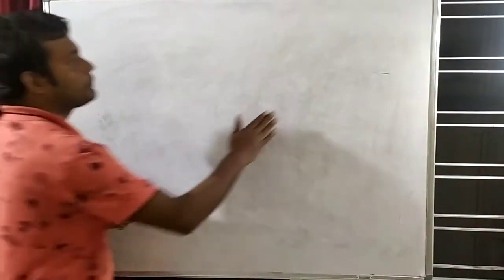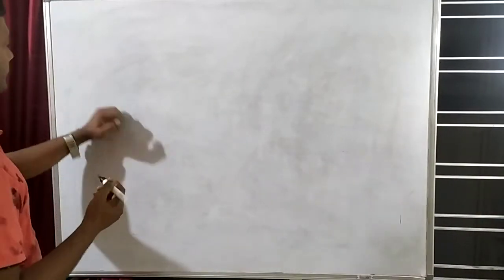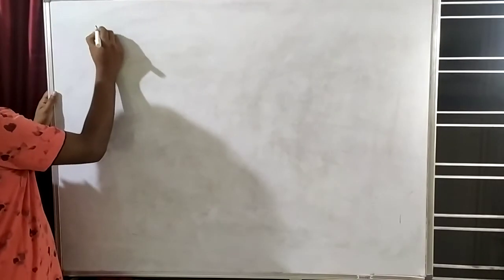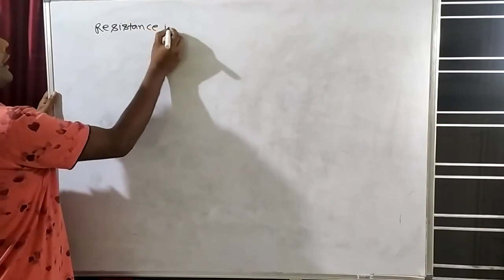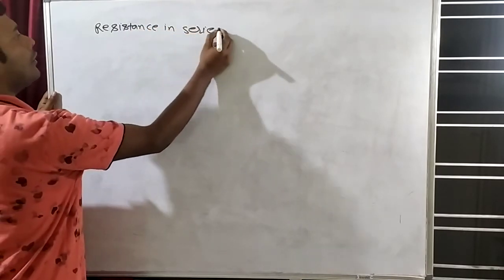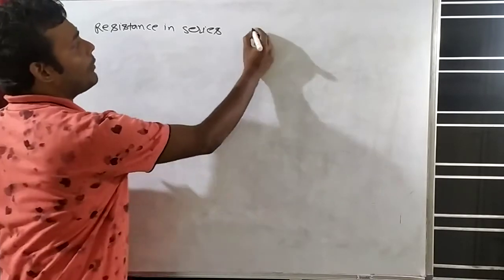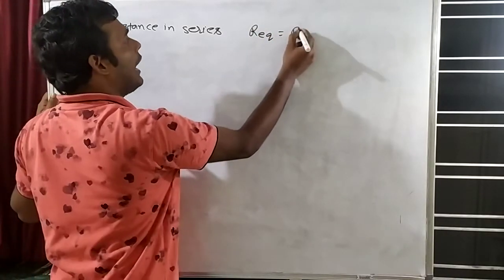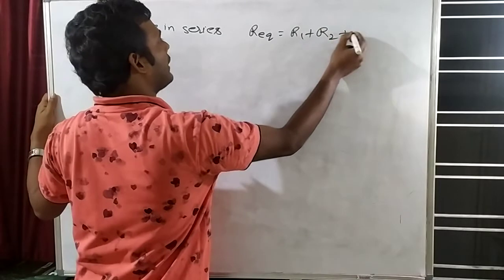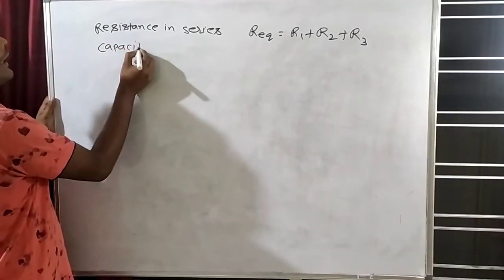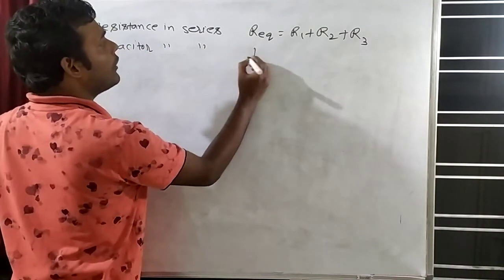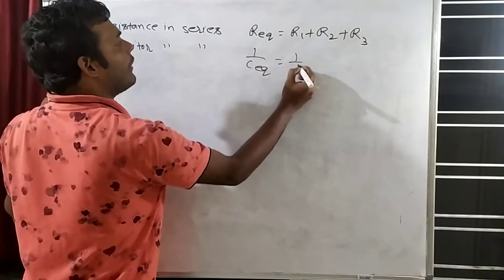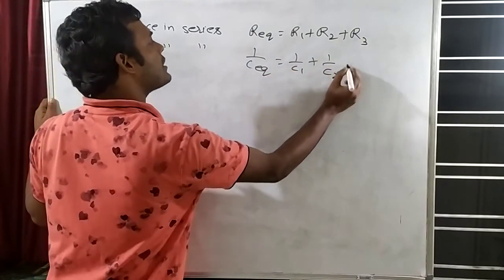Now see this: resistance in series. What will be the formula? When we connect resistance in series, the formula will be R equivalent is equal to R1 plus R2 plus R3, right? But when we connect capacitors in series, then 1 by C equivalent will be equal to 1 by C1 plus 1 by C2 plus 1 by C3.